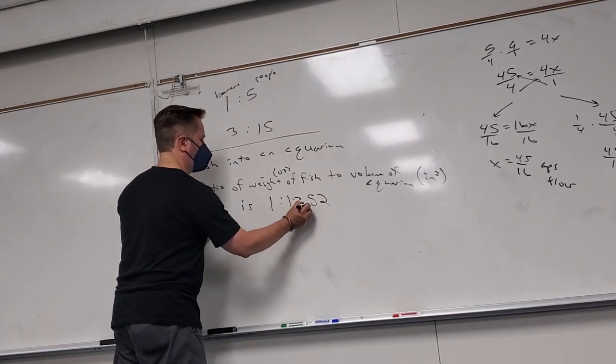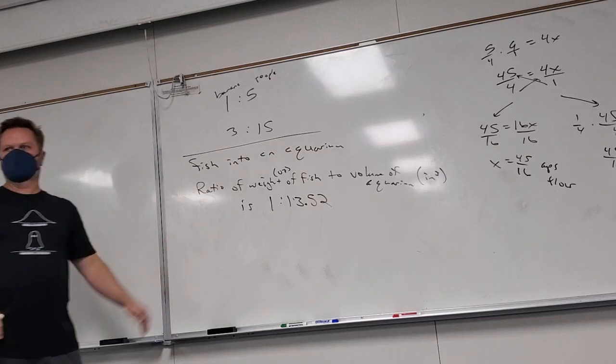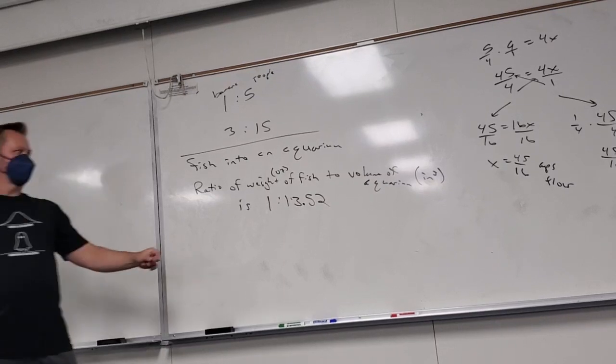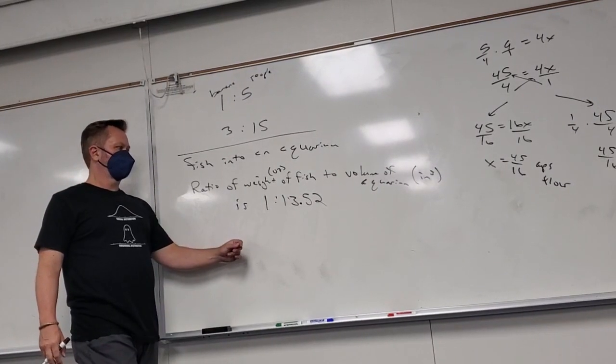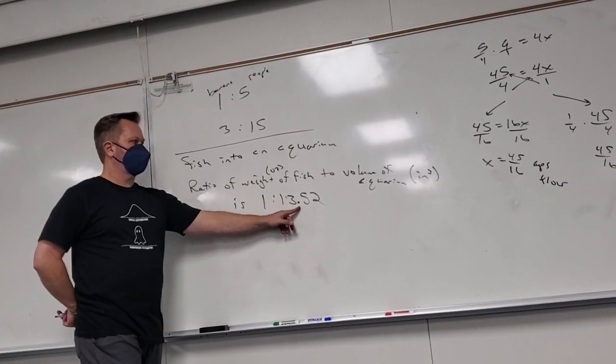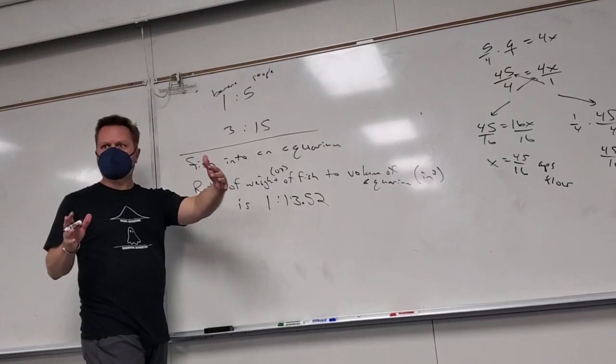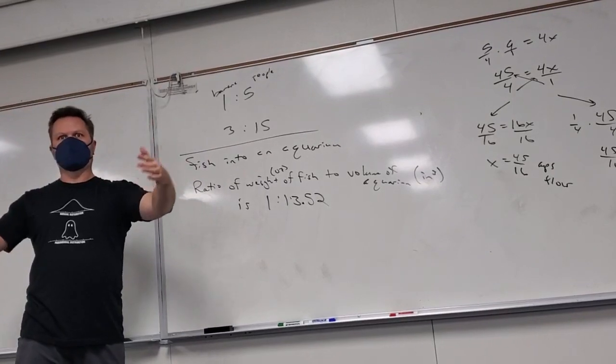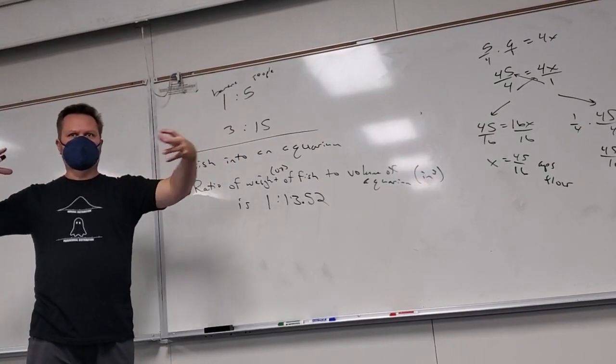How do you feel about that ratio? What does that ratio mean? For every 13.52 cubic inches of space I give it, it's going to grow to be 1 ounce in weight. So if I give it more space, it grows larger.